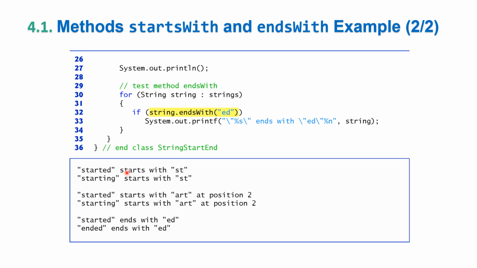And here is the result of the second for loop that calls the startsWith method with the arguments art and 2. And this is the outcome of the third, which is also the last for loop here, which calls the method endsWith. It returns true for two elements in the array strings.